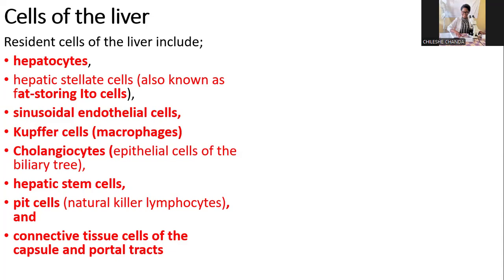Then we have natural killer cells. These are lymphocytes, white blood cells which help in fighting off microorganisms or killing off dead cells within the liver. And then we have connective tissue cells, which come from the capsule that we talked about, which sends trabeculae into the liver. Any questions?